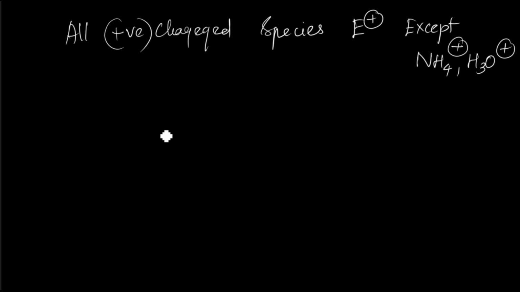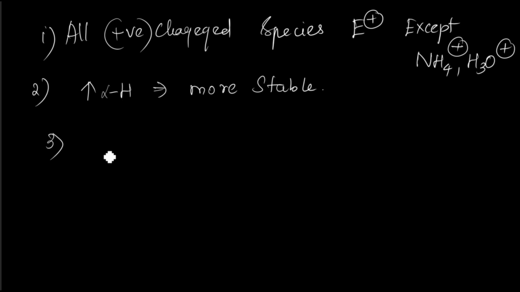Electrophiles means electron loving species. And the greater the number of alpha hydrogens, as I told you, the more stable it becomes.